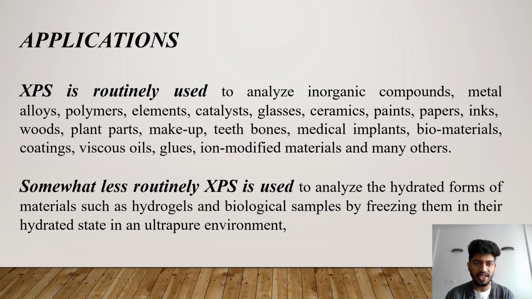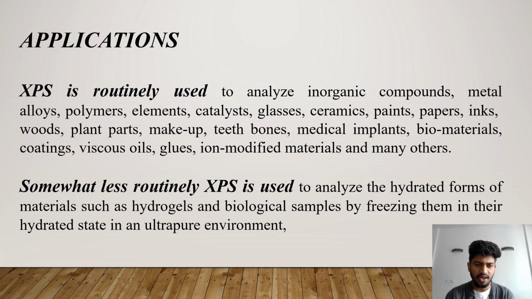We'll start with the routine uses. XPS is routinely used to analyze inorganic substances, metal alloys, polymers, elements, catalysts, glasses, ceramics, paints, papers, inks, wood, plant trees, makeup, teeth, bones, medical implants, biomaterials, coatings, viscous oils, glues, ion modified materials, and many others.